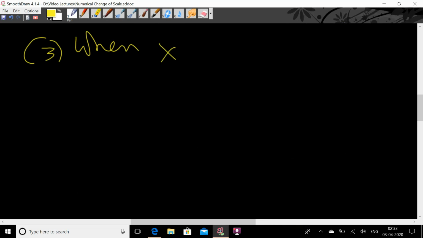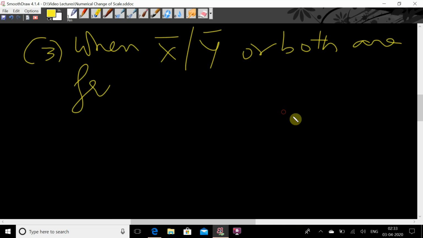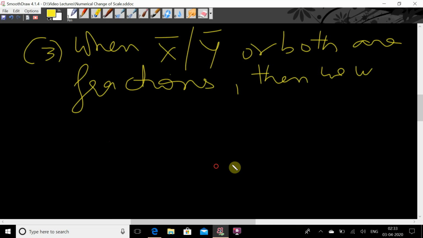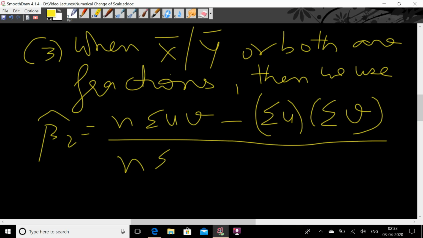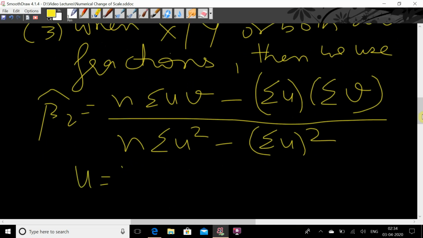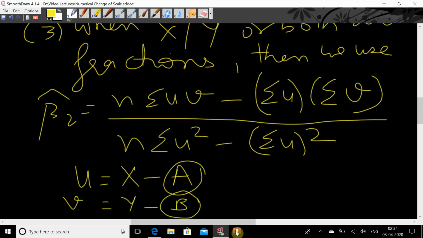But when x bar or y bar or both are fractions and not whole numbers, we use beta 2 hat equals n summation uv minus summation u summation v upon n summation u square minus summation u whole square, where u is a new series obtained by subtracting a constant a from that series, and v is another series obtained by subtracting a constant b from that series.